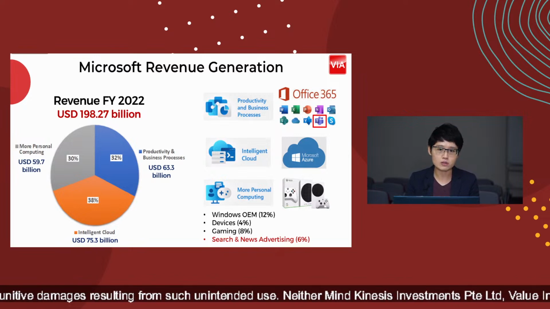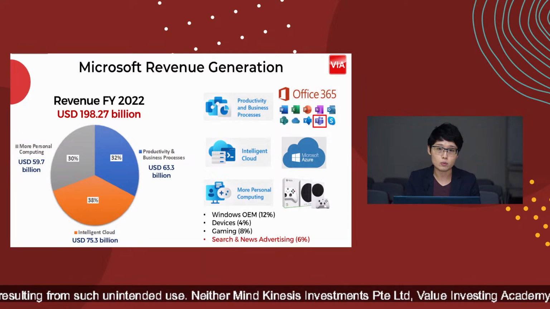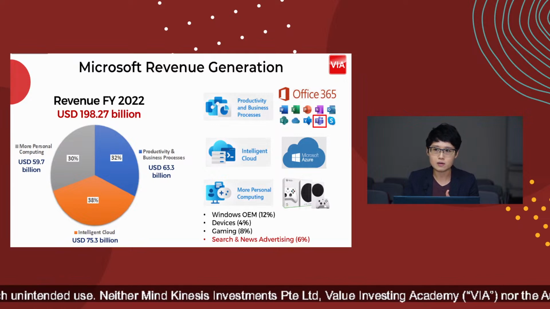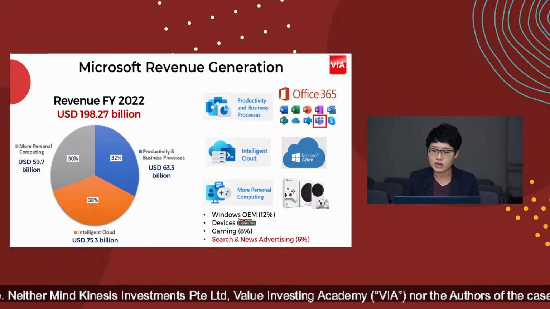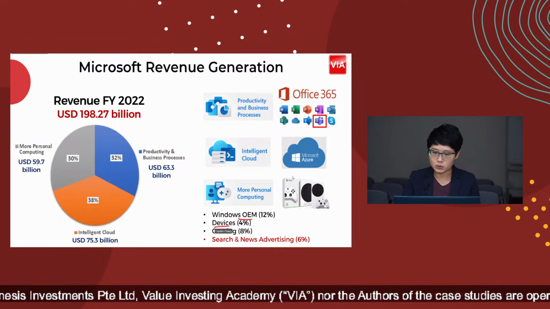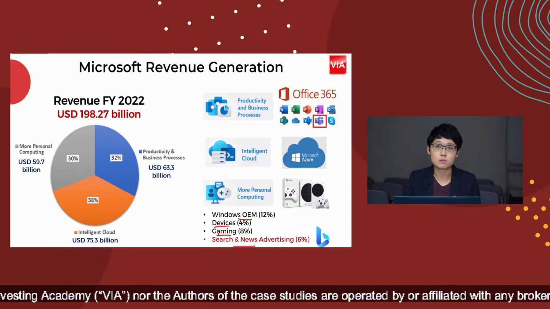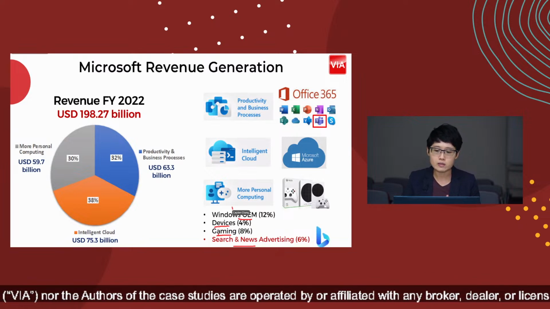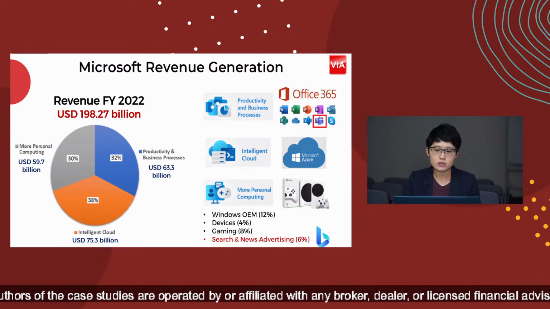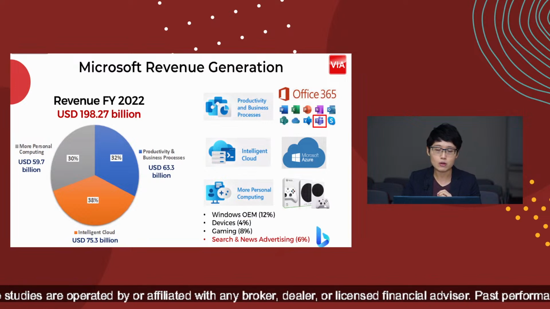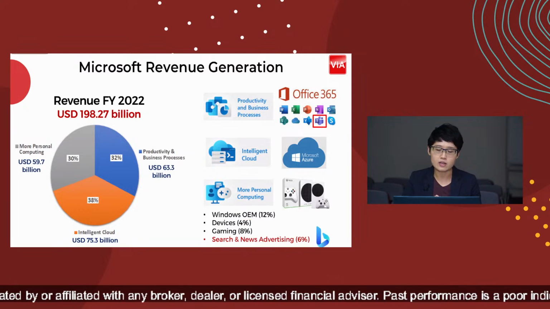So OEM means that the software is already installed onto the PC. And devices are like the phones or maybe the notebooks. Gaming is here, as we showed, Xbox, and search and news advertising, which is Bing. So from here, we can see that Bing actually generated a very small amount of revenue compared to their intelligent cloud.